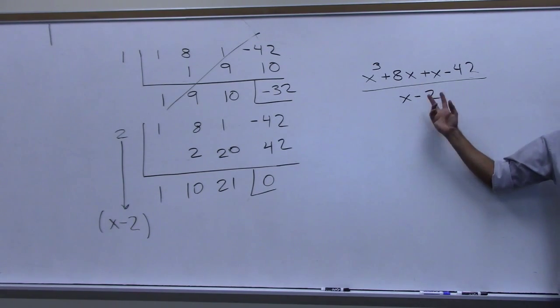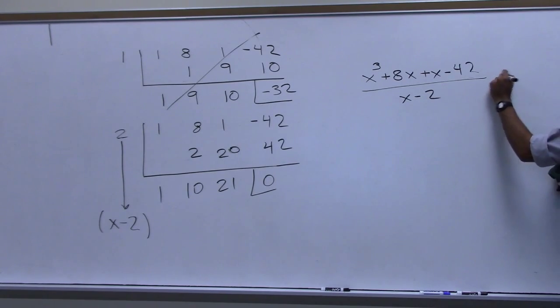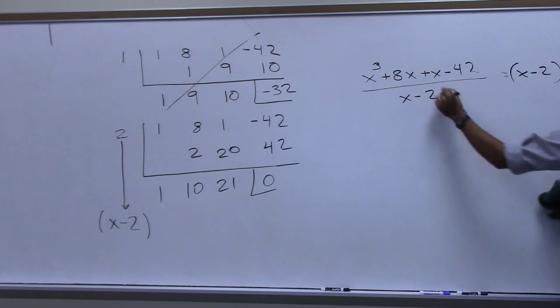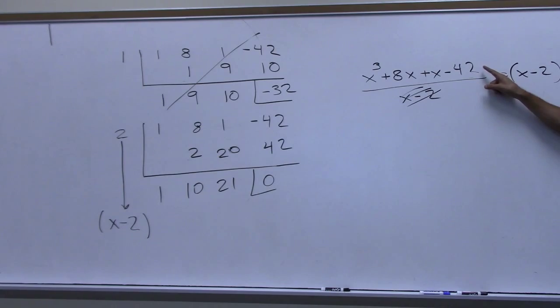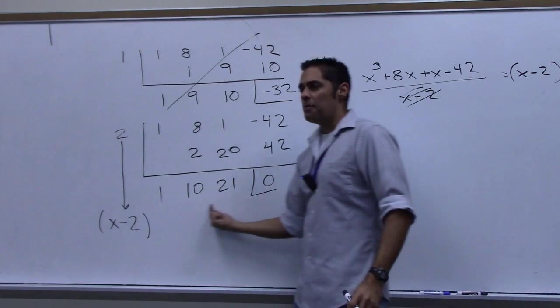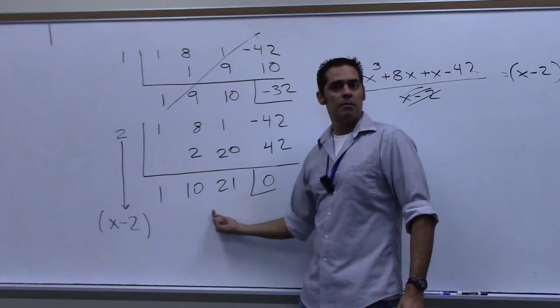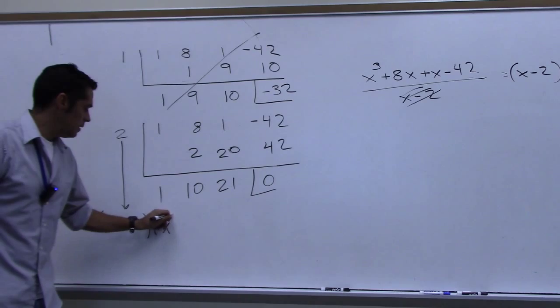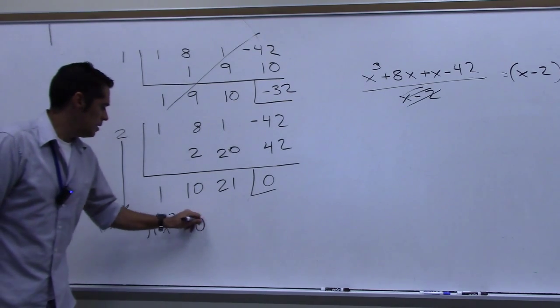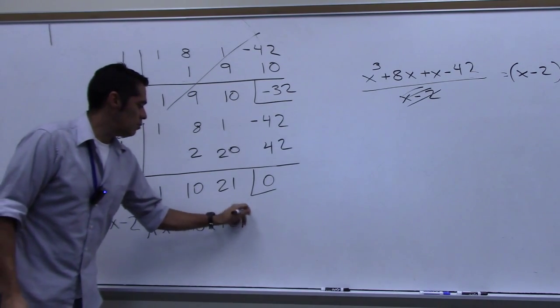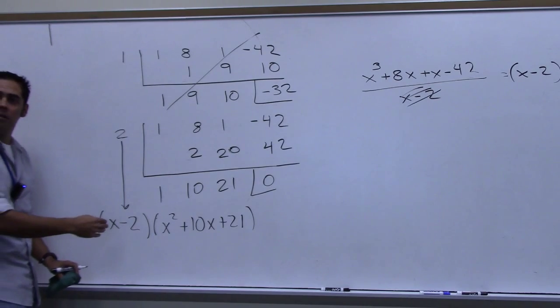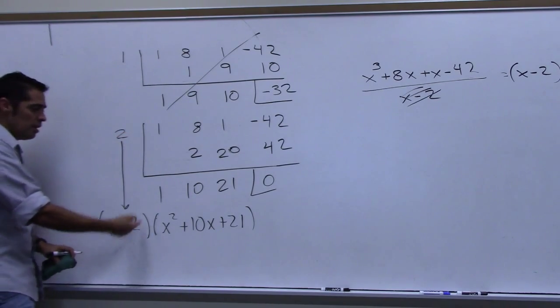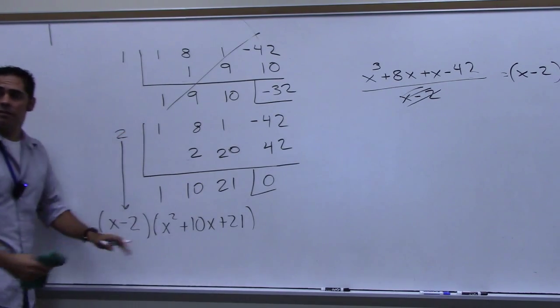That we also know can be moved to this side, like this. And it was just a matter of what that other piece was. But we said that other piece came from these numbers, right? So I'm going to put plus 10x plus 21. Understand? This number gives you one factor. These 3 numbers give you the rest of it.